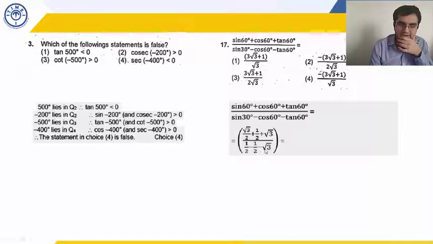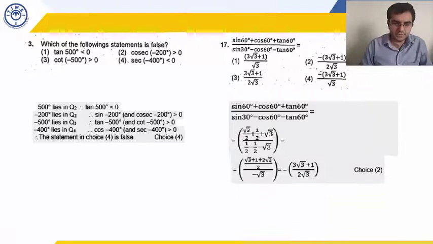Half minus half divided by minus root 3. Simplify this, and then you get the answer as choice number 2. Basic simplification, the way you solve fractions, the answer will be choice number 2.